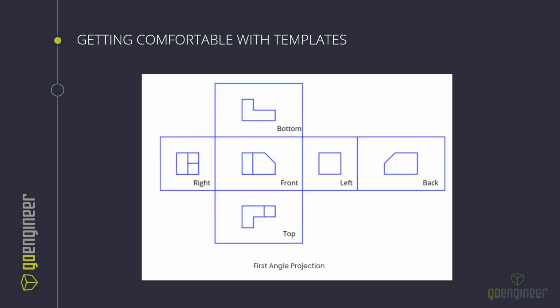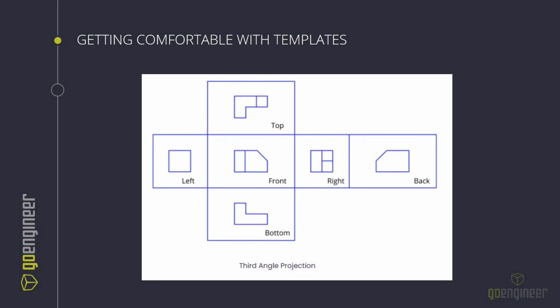The first angle projection, as you see here, is the traditional layout for first angle projection, where the right view of the model is off to the left. That's because it's basically rotating the part from that front view to the right. Whereas if you look at the third angle projection, this is what most of us are familiar with. The right side view is actually looking to the right of the part instead of the other way around.